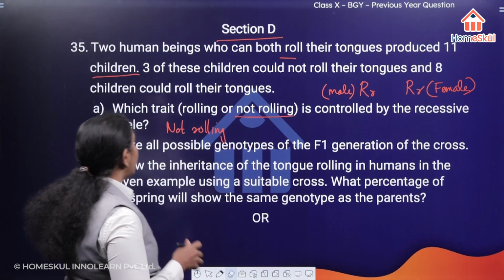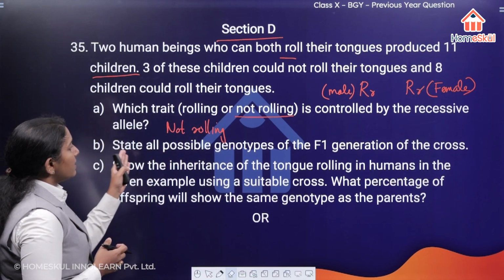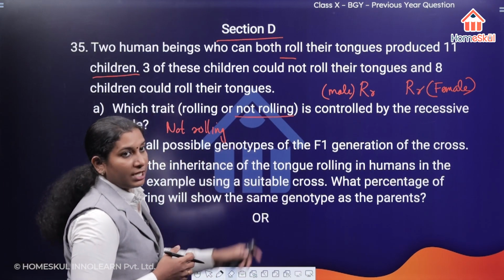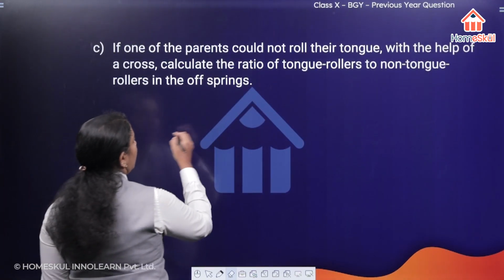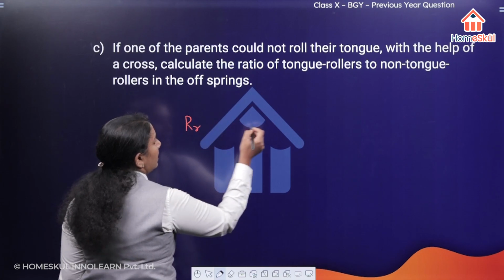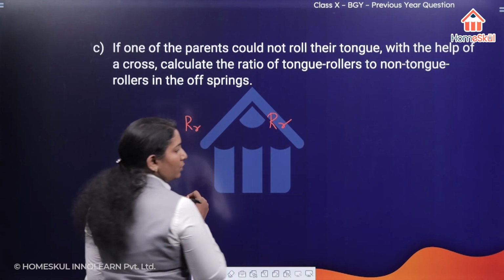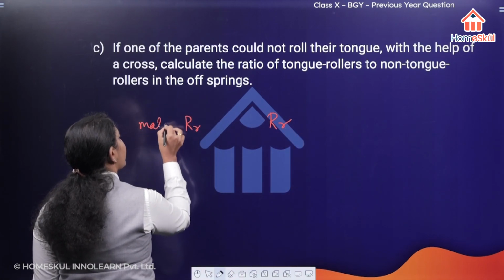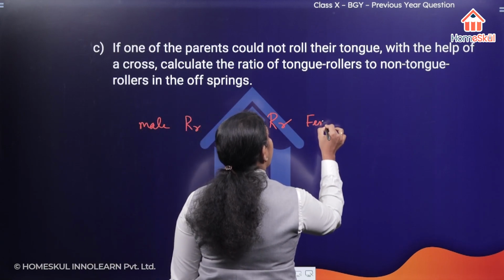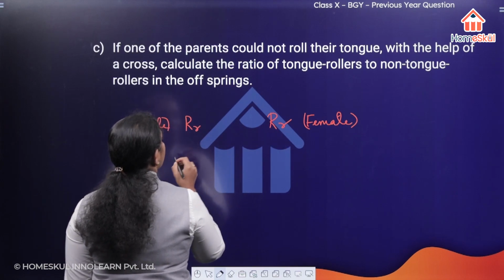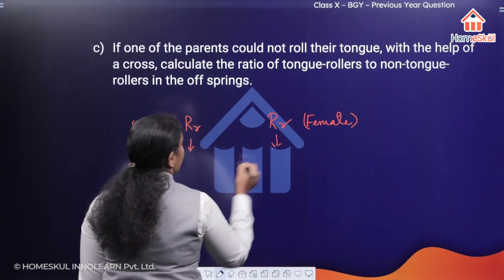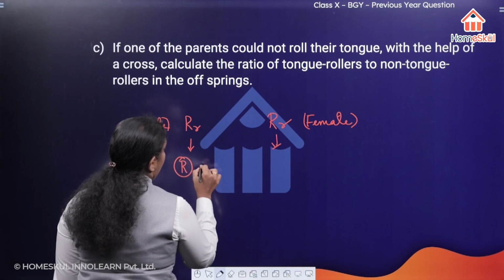Then we can conduct a cross for this. The question is, state all possible genotypes of the F1 generation of this cross. We cross these parents, the male and the female, both heterozygous. They will produce gametes, two types, capital R and small r.